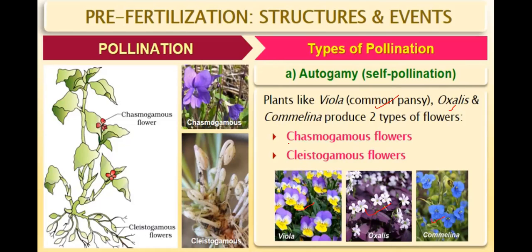They bear two types of flower, that is called chasmogamous flower and cleistogamous flower. This is chasmogamous flower. This is cleistogamous flower. These are cleistogamous flowers.